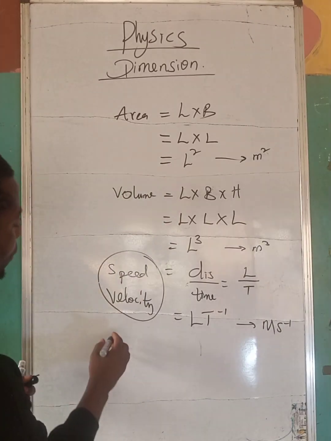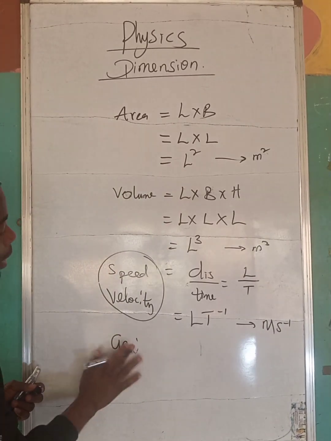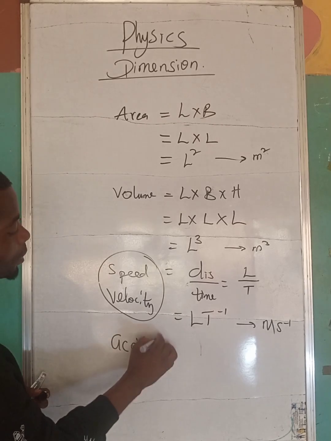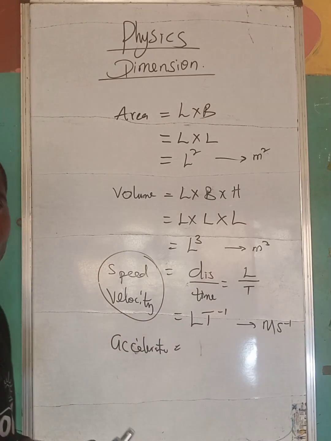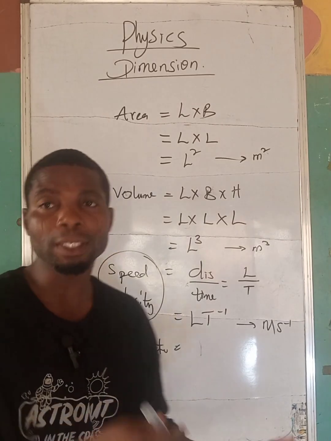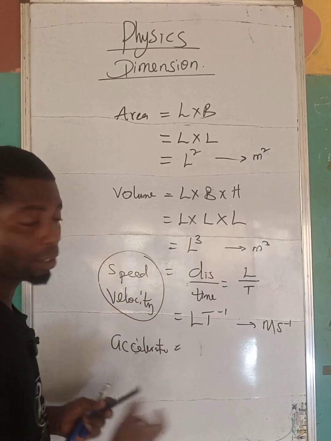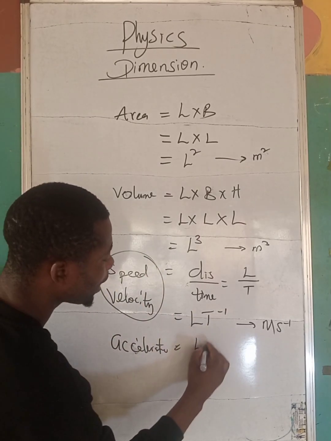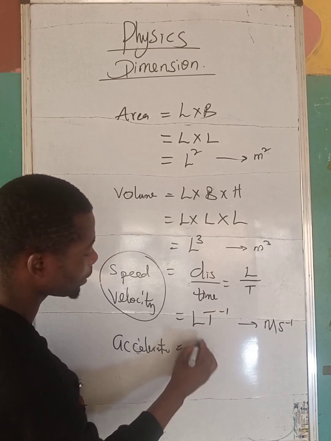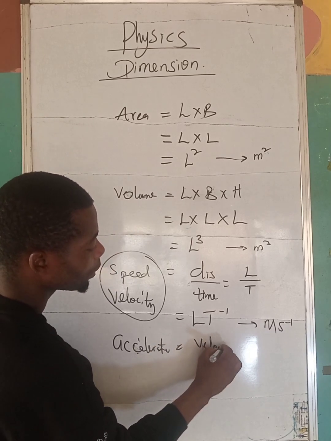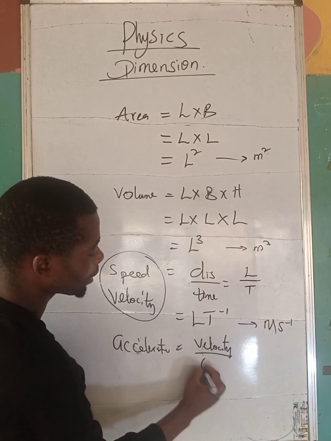So let's see acceleration. The formula of acceleration is velocity over time. And you know your velocity already, which is the same as speed, as LT^-1. Remember, it's going to be velocity or speed over time.